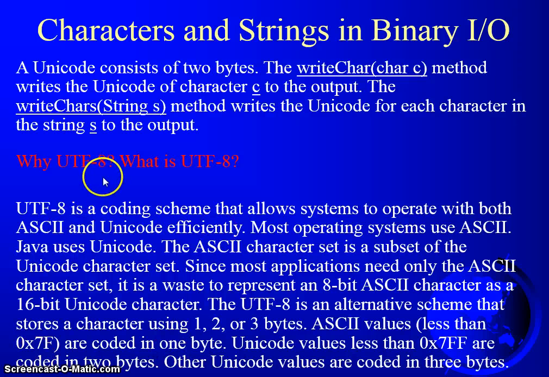Now the characters and strings in binary input and output. We can use Unicode, right? Unicode is just the standard to represent all the characters. That's why you can deal with characters and strings. And we talk about international languages. You can represent Chinese, Japanese, Spanish, or any alphabet in the world.